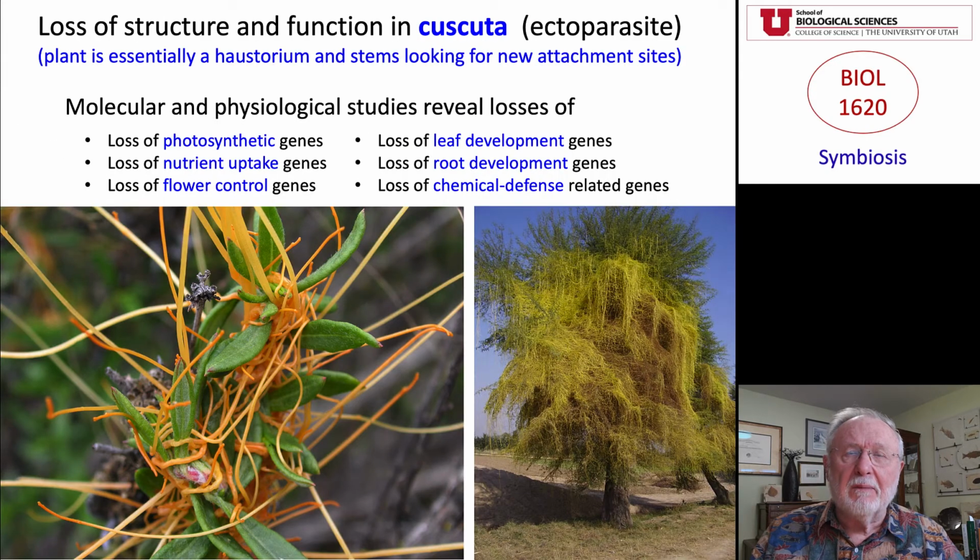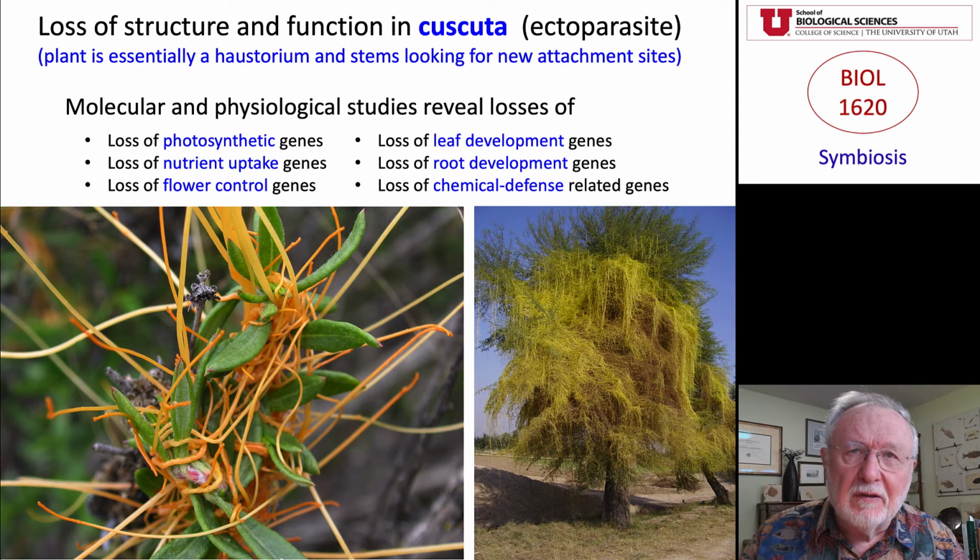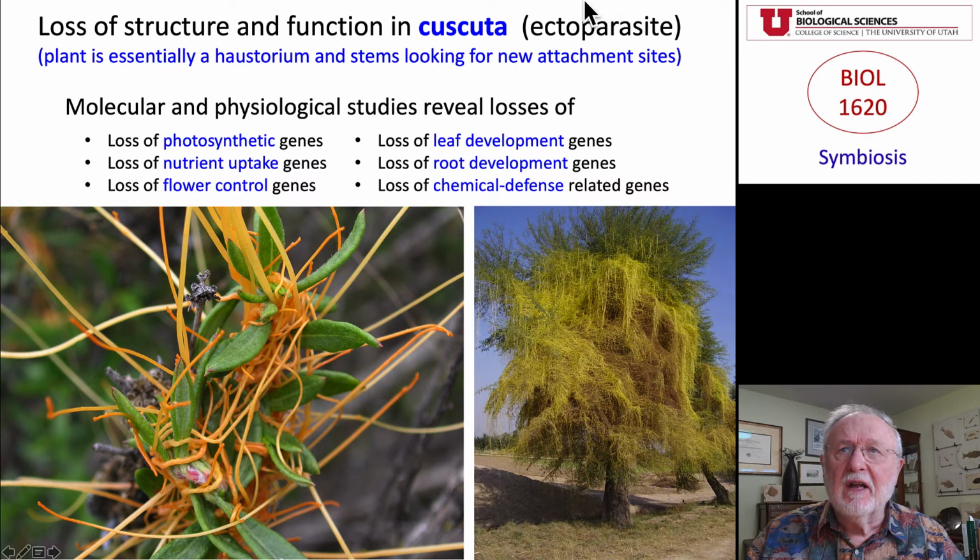As another example, let's not consider an endoparasite, but an ectoparasite, one that grows on the outside. A good example of that is Cuscuta. And here you see Cuscuta. They tend to be yellow or orange. They're a yellow or orange parasite because for the most part, they've lost their photosynthetic genes.